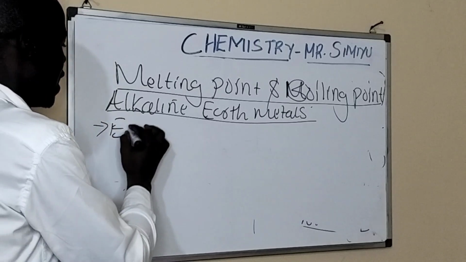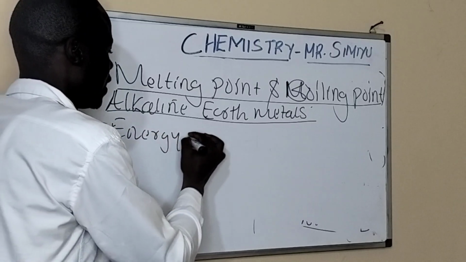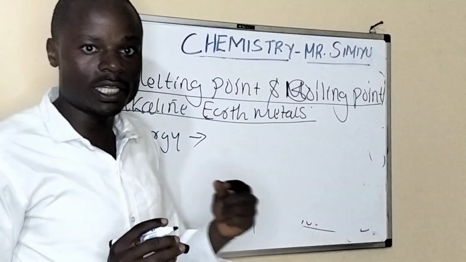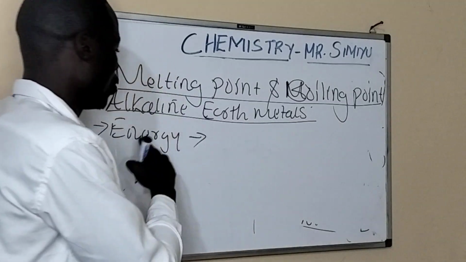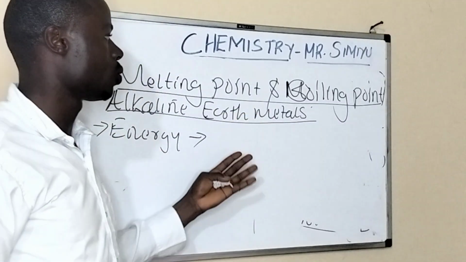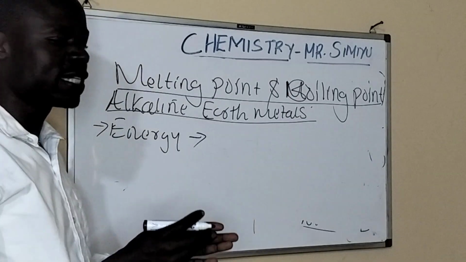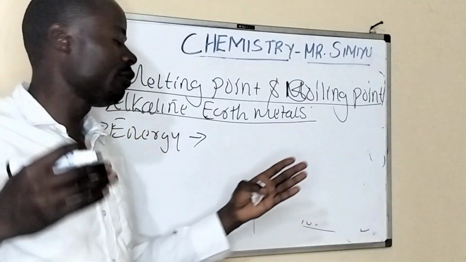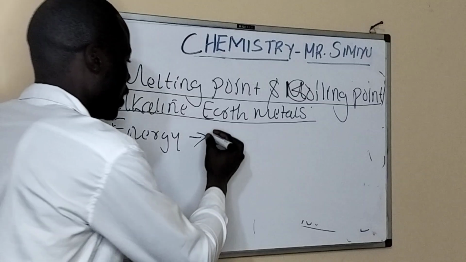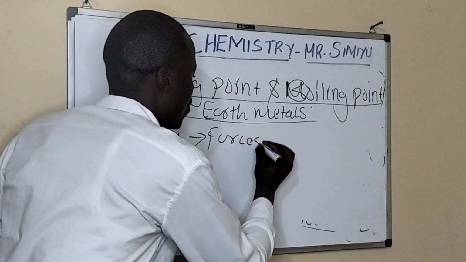We said in our previous lesson that the energy holding these particles or the elements depends on the atomic size. As the atomic size increases, it weakens the forces of attraction.